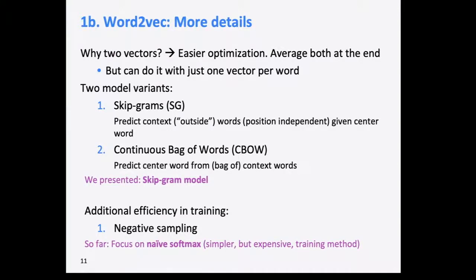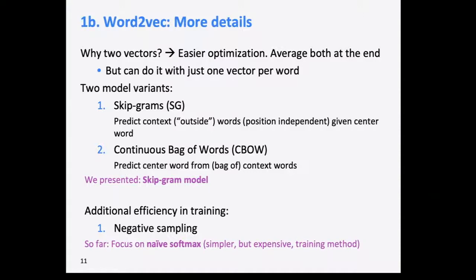What I presented was the skipgrams model. In the skipgrams model, you've got one center word, and you're trying to predict all the words in context one at a time. For the continuous bag of words model, it's the opposite. You've got all of the outside words, and you're trying to use all of them, considered independently like a naive Bayes model, to predict the center word.